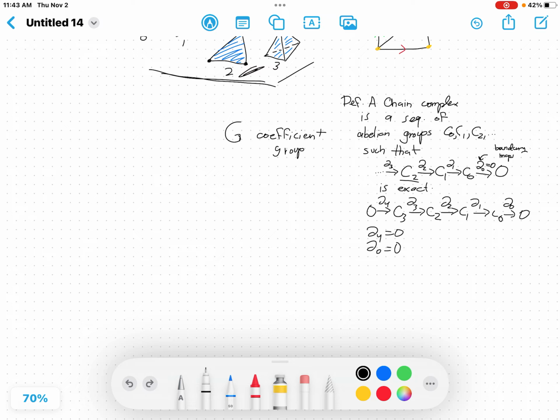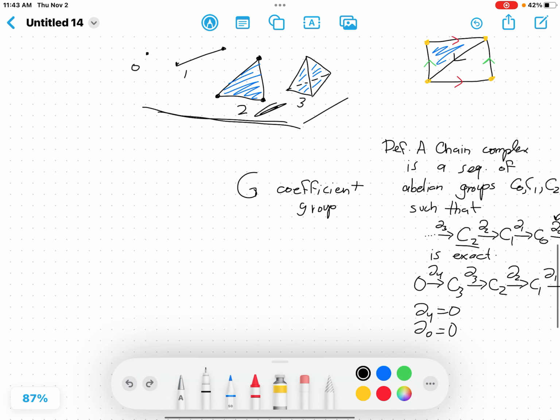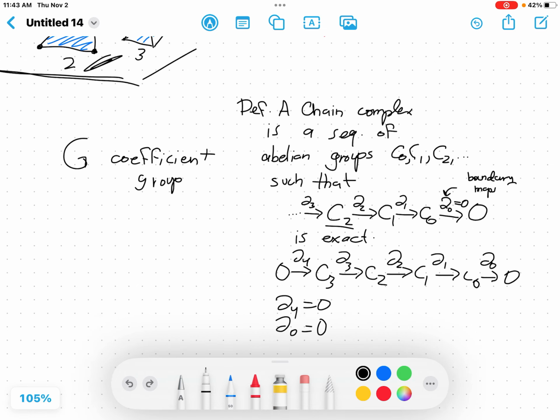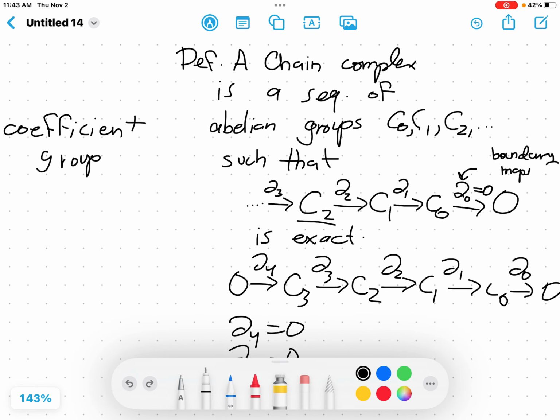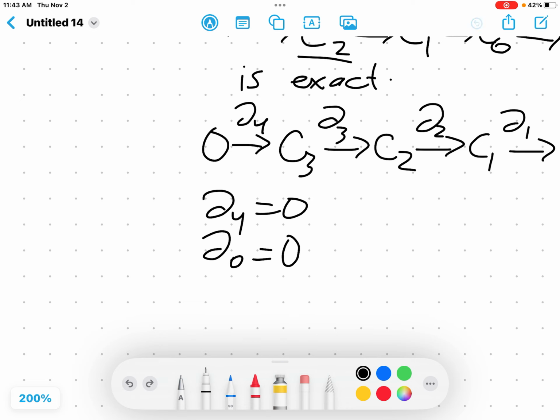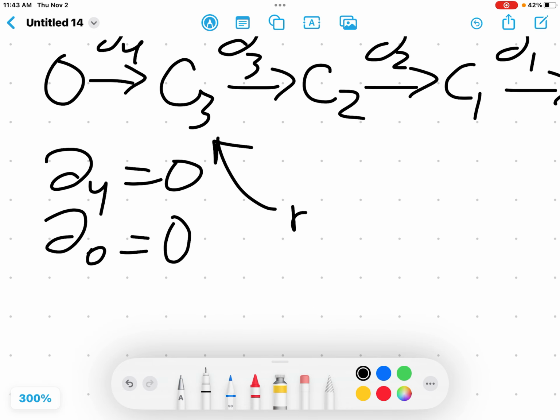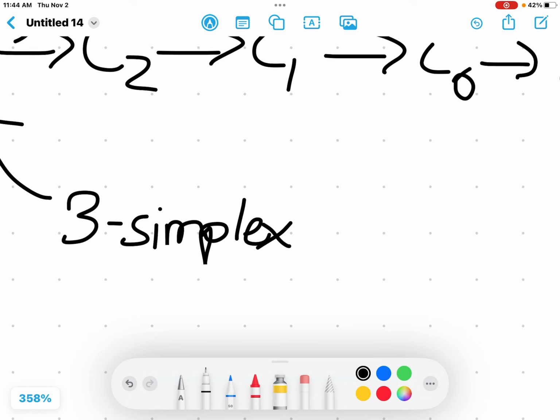So depending on how many simplices you have, say you have a 4 simplex, then if you have a bunch of 4 simplexes or one 4 simplex inside your space, then of course it would extend to a different sequence, C4. So each of these is associated with a given n simplex. This C3 is associated with a 3 simplex inside your space, or a bunch of 3 simplexes inside your space.